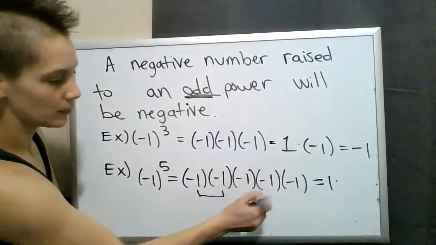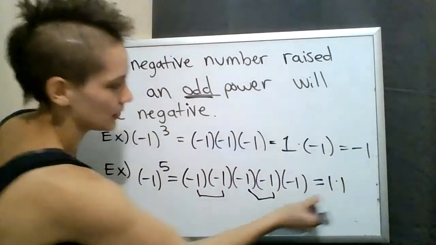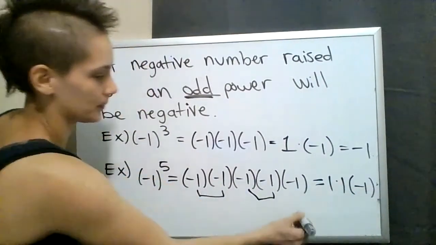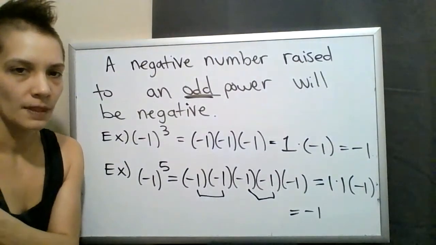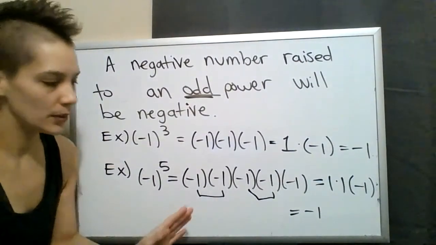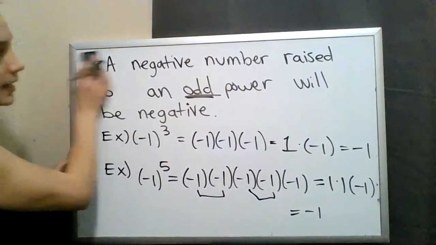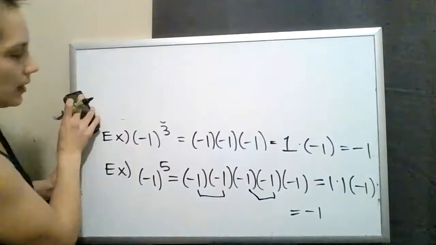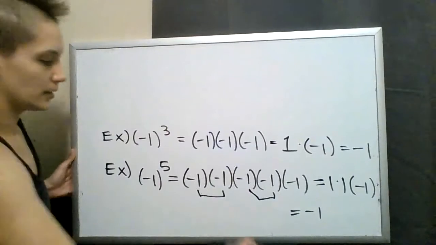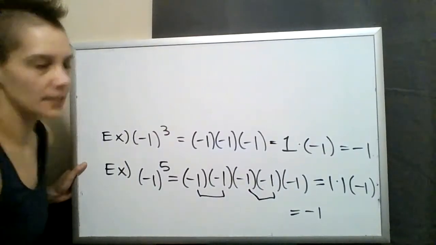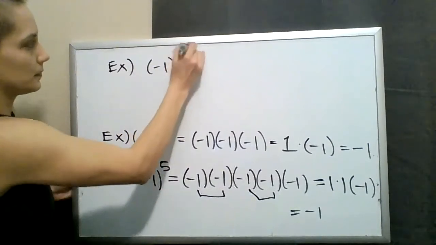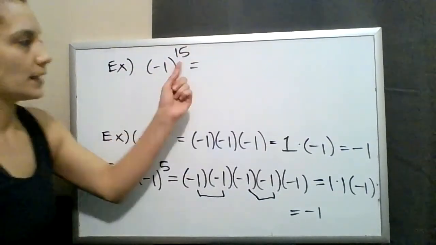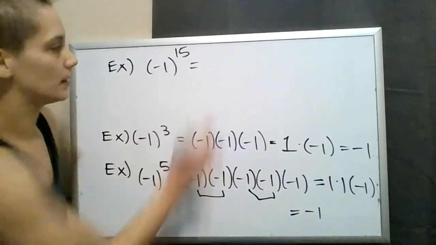This -1 times -1 is +1. And then the next one, we're not going to work through it, but if you had -1 to a power of 15, that's odd, so it's negative.